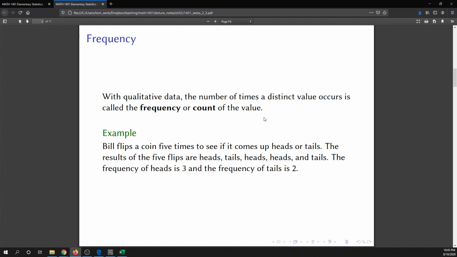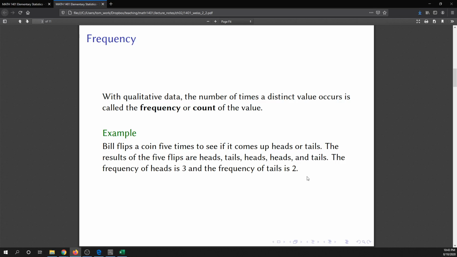All right, and so here's an example. It says Bill flips a coin 5 times to see if it comes up heads or tails. So our variable is whether the coin comes up heads or tails. The results of the 5 flips are heads, tails, heads, heads, and tails.